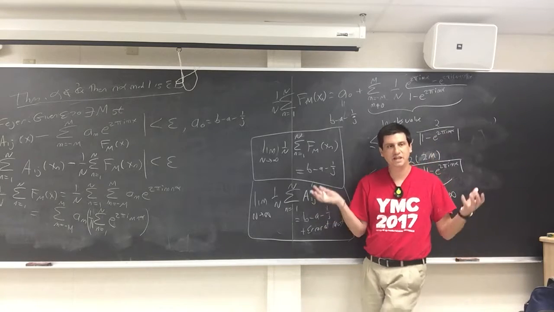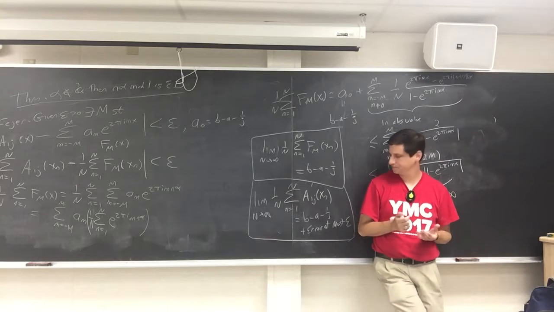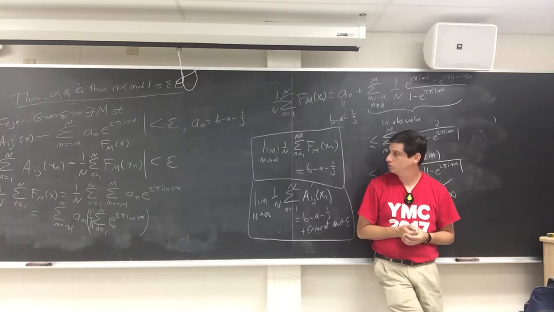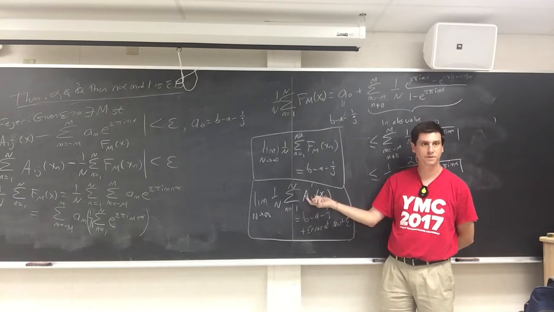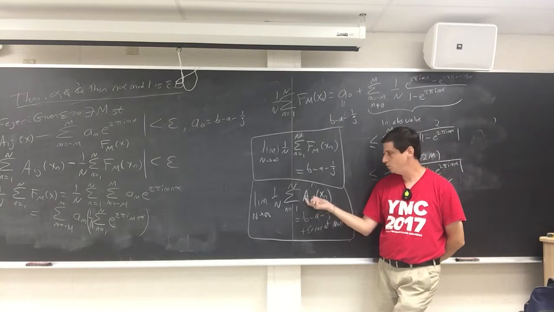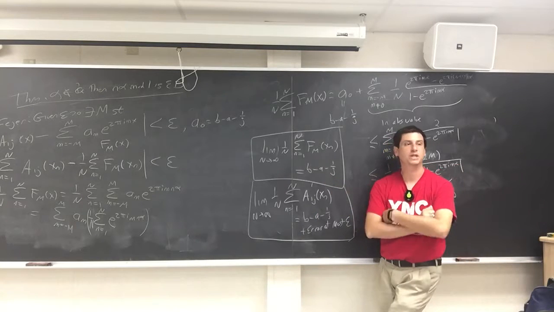Once you tell me the epsilon, once you tell me how close you want to be, then we know what value of m we need. And so at the end of the day, does this see m? No. Does this see epsilon? No. This was just our first good approximation to our characteristic function. And we know that it's equal to b minus a minus 1 over j plus an error at most epsilon.